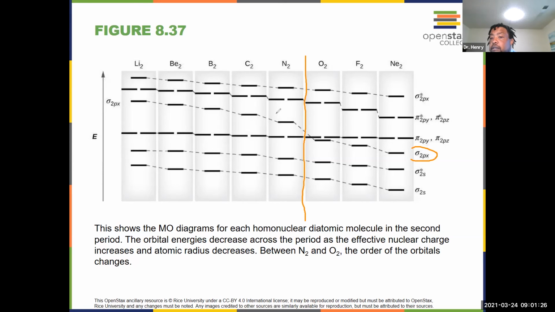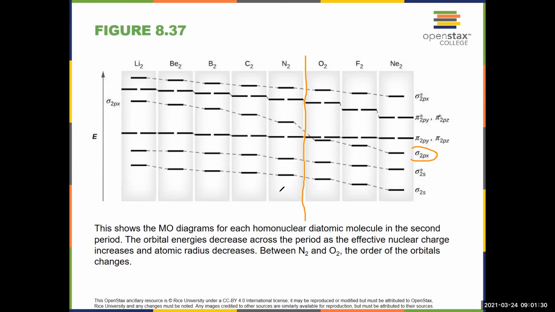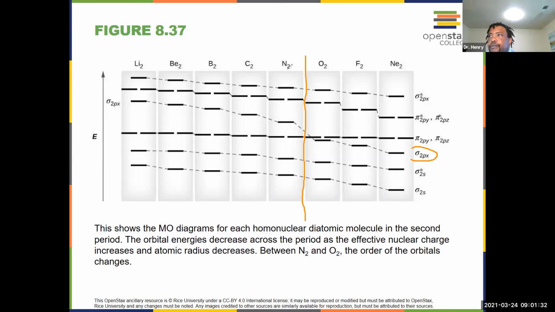One more time, please. So if you look between the nitrogen and oxygen, this one represents the sigma 2p x, and these represent the pi 2p y and 2p z, right?